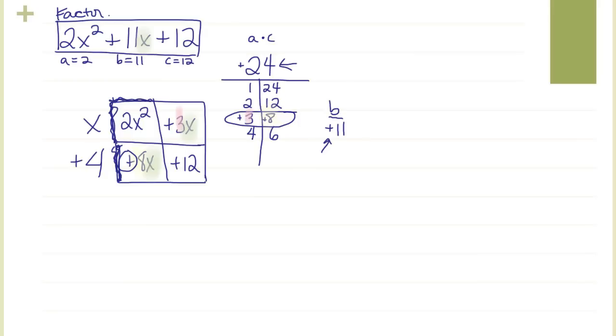What do these guys have in common? The 2x squared and the 8x? They share a 2x. And what do these guys have in common? They share a 3. Remember, we're always going to take this sign. So my answer is going to be 2x plus 3 and x plus 4.